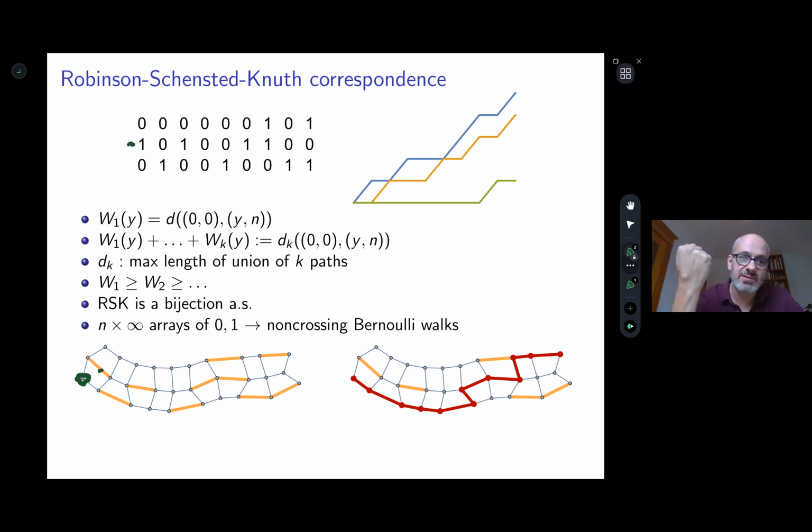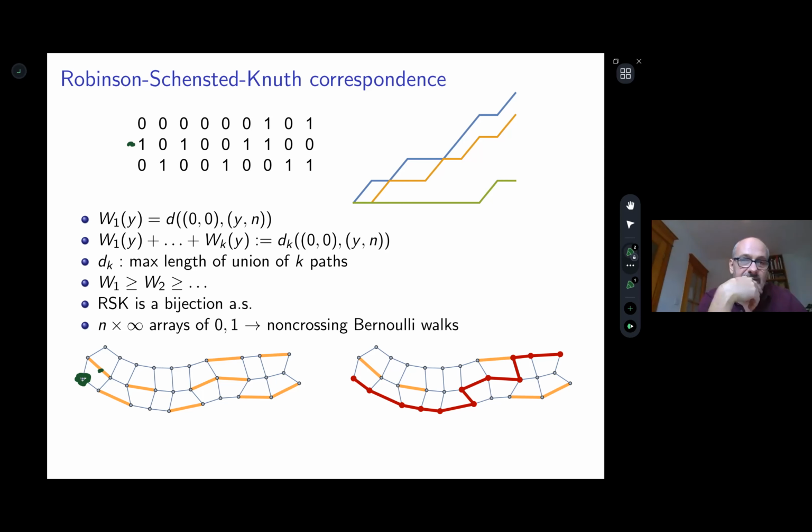And so W2 is defined by saying that W1 plus W2 should be just this maximal distance along the union of two paths. Then you can do it in this case for 1, 2, and 3. The blue, the orange, and the green correspond to k equals 1 path, 2 paths, and 3 paths. So the sum of blue and orange would be the union of two paths distance.